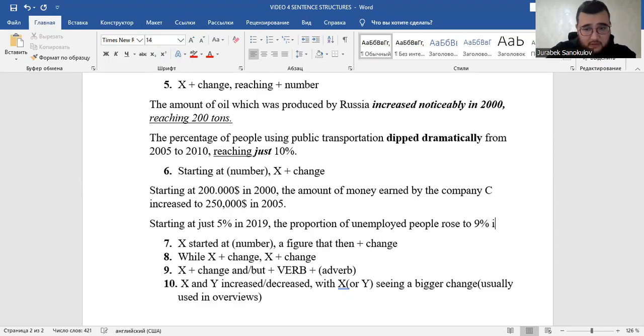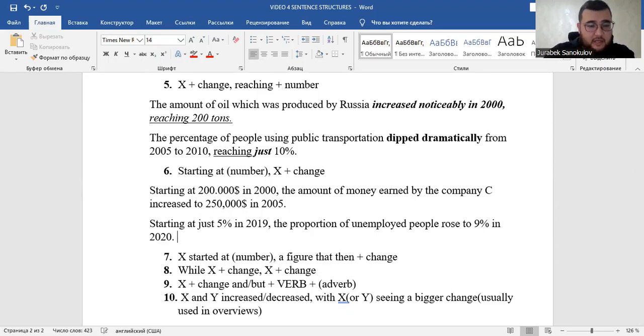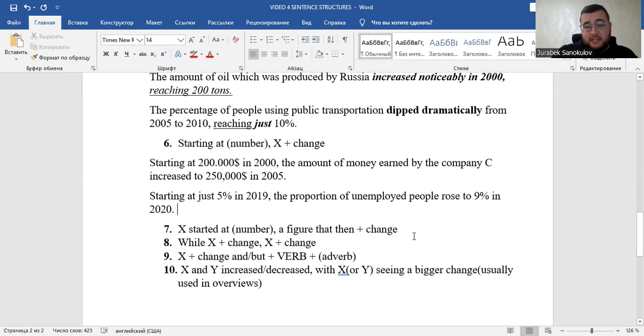Again, we need to include the year, in 2020. Starting at just 5% in 2019, the proportion of unemployed people rose to 9% in 2020. That's it.